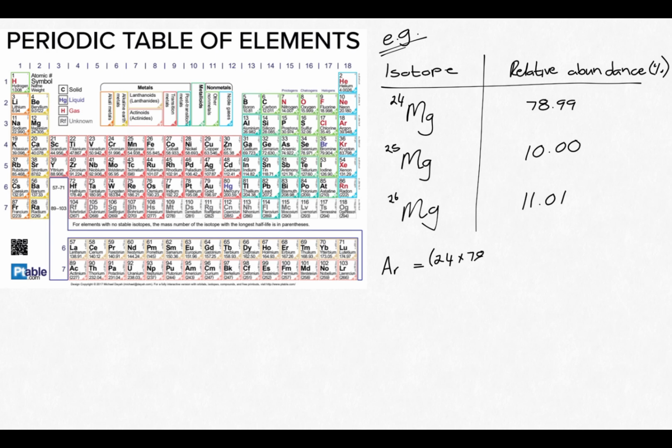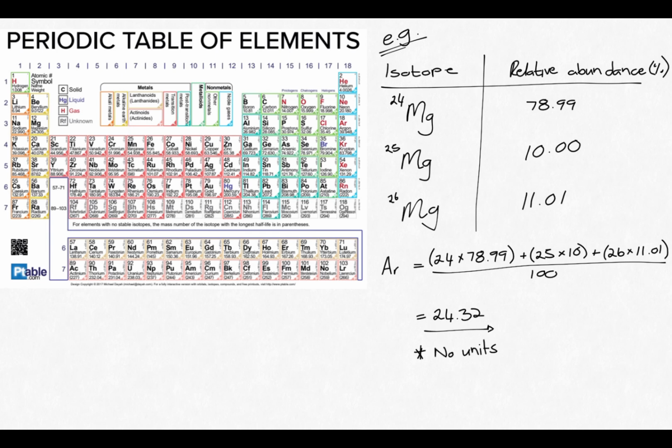So we take 24 multiplied by 78.99, then add 25 multiplied by 10, and add 26 multiplied by 11.01. We then divide this by 100, and this will give us 24.32. Here we do not use any units because it's a ratio and the units cancel each other out.